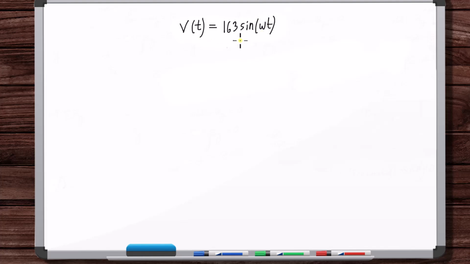Okay, and so we were told this and then asked the question: if the electrical generators at the power plant are required to rotate very precisely at 60 cycles per second, then what must the omega be? That would be the angular frequency.